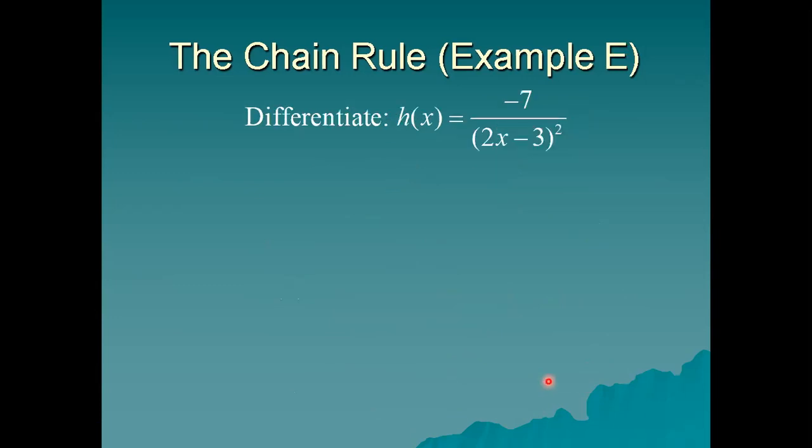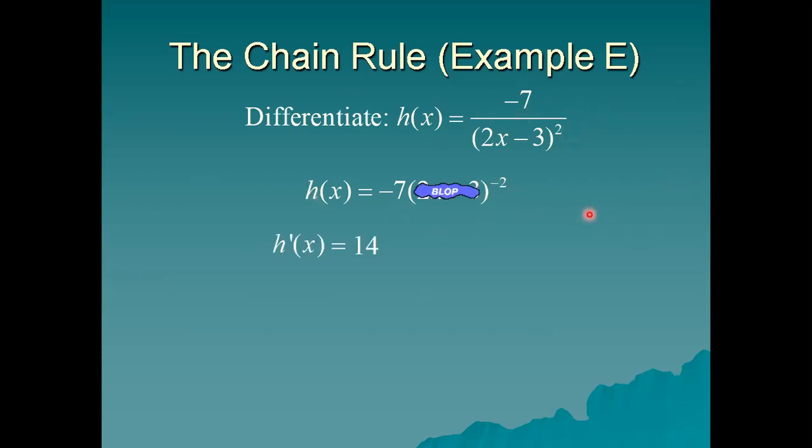Okay, and then let's have example letter E. Differentiate h of x, which is equal to negative 7 all over the quantity 2x minus 3, squared. Remember that h of x is simply equal to negative 7 times the quantity 2x minus 3 raised to the power of negative 2. I'm not violating a rule here because I changed my exponent to negative 2, and this is just equal to the given.